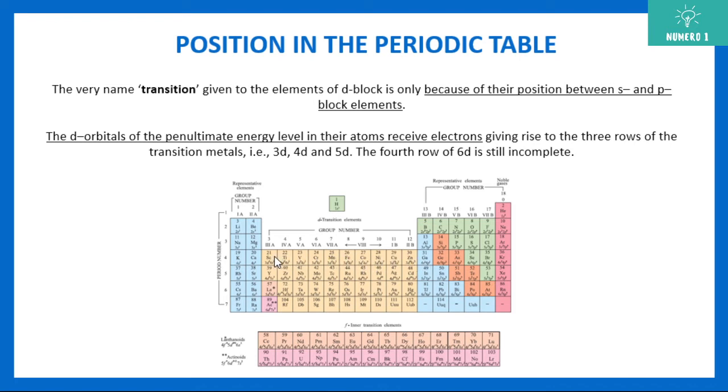So for all of them, the last electron, they can have 4s orbital, 4p orbital, but the electron will come in 3d, and then for the next series it will be 4d, and for the next series it will be 5d.